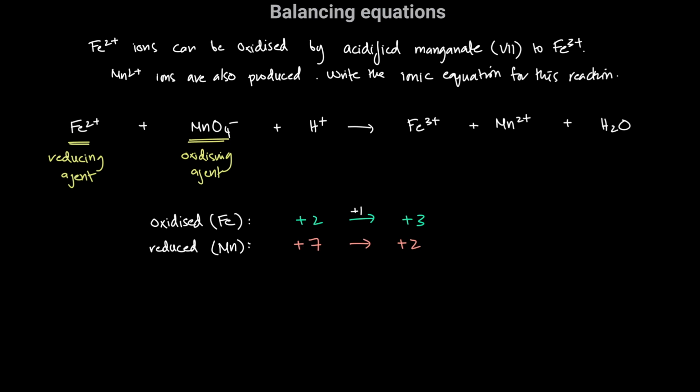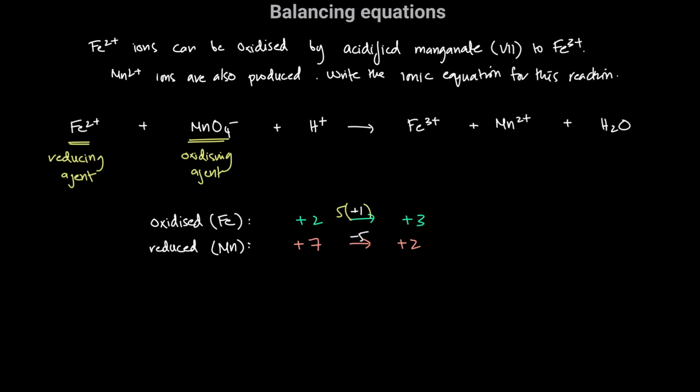And we know that the changes in oxidation number have to cancel each other out. If each manganese atom's oxidation number is changing by -5, we're going to need 5 irons to balance the change. The increase in oxidation number has to be balanced with the decrease.